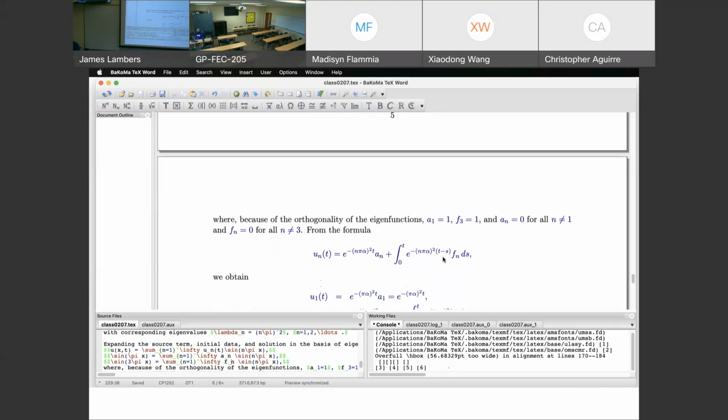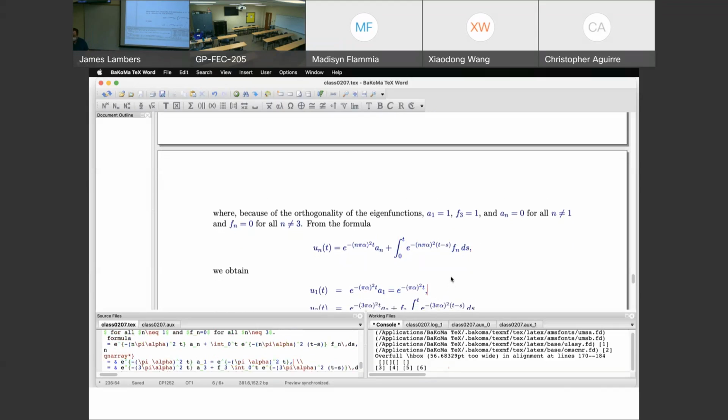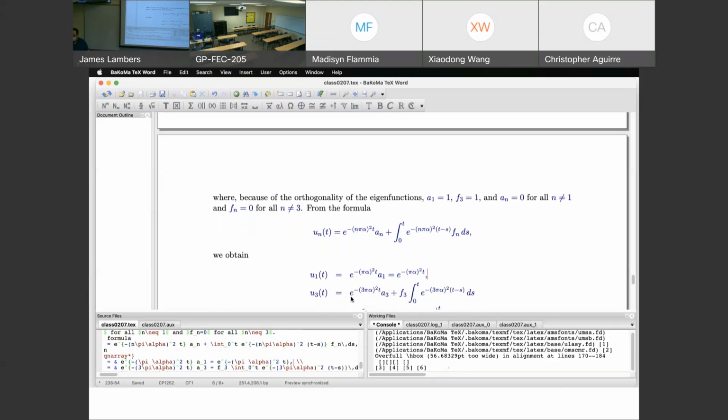So for instance, for u1, I have f1 equal to 0, so I won't have an integral. I'll just have this exponential term, and a1 is equal to 1, so I just have this exponential. And then for u3, here's what my solution formula gives me.